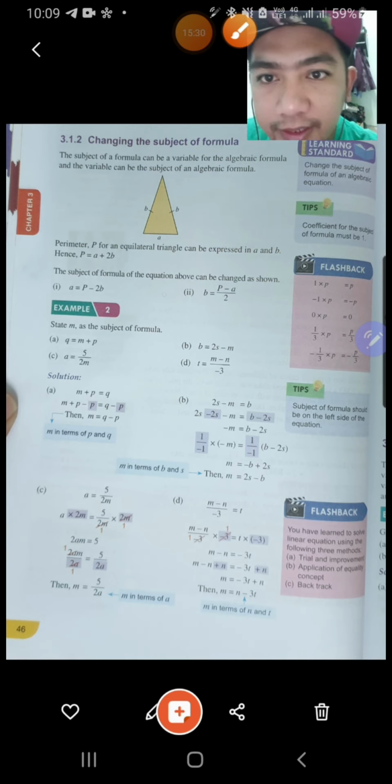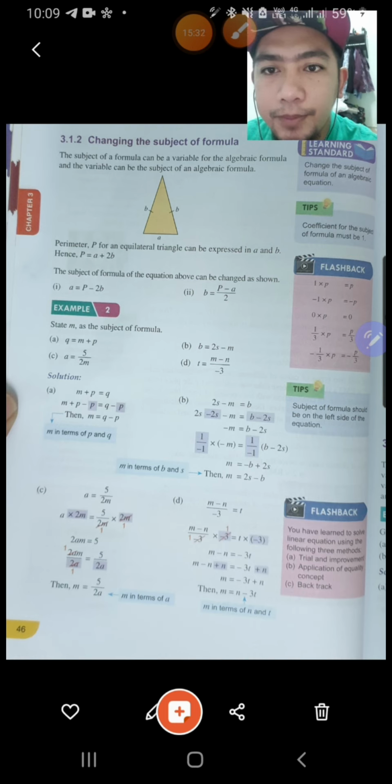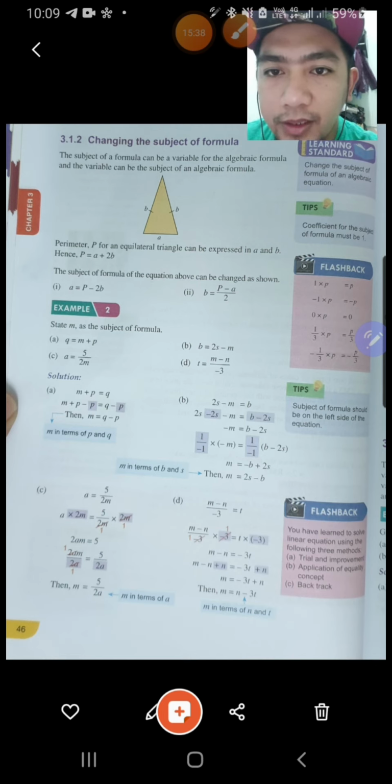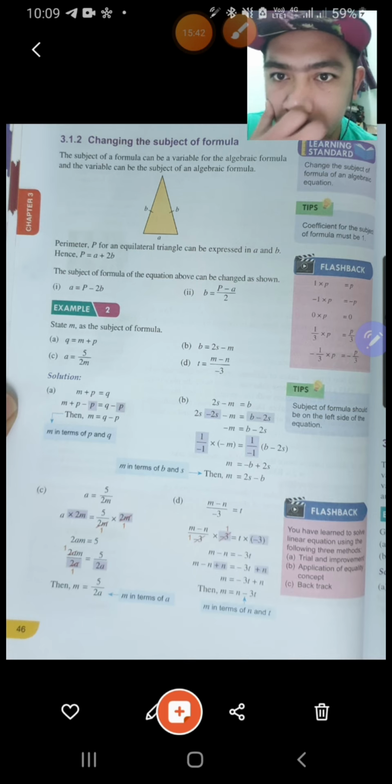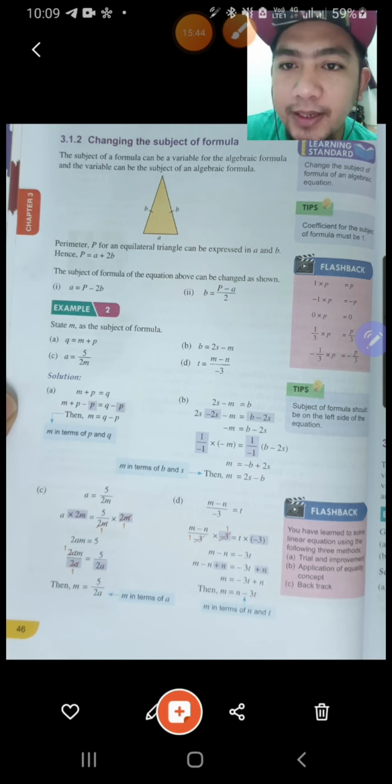Alright, let's check the example here. The perimeter, which we let as P, for an equilateral triangle can be expressed in A and B. Hence, P is equal to A plus 2B.